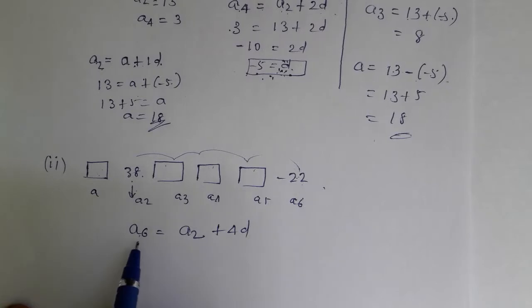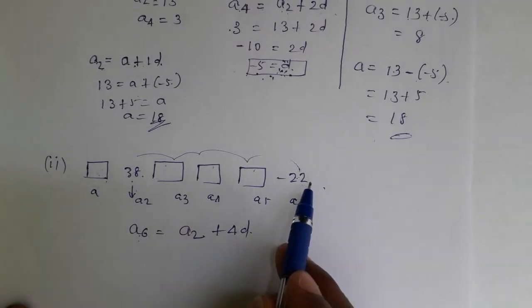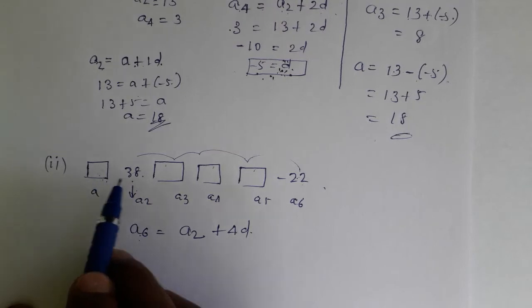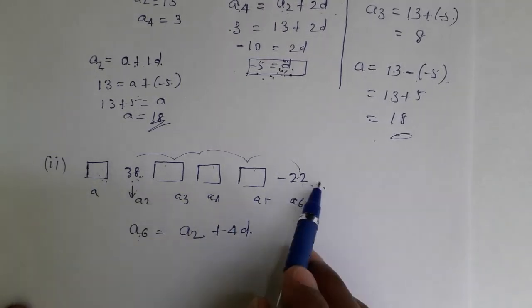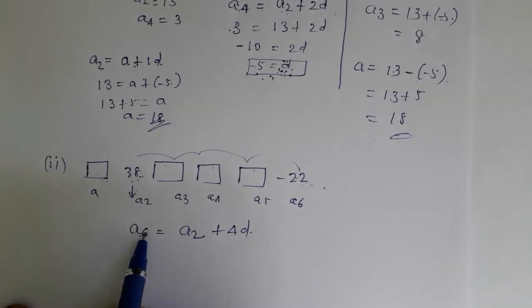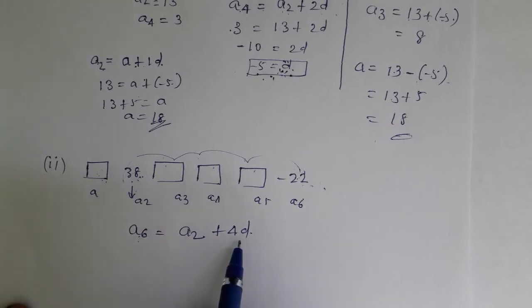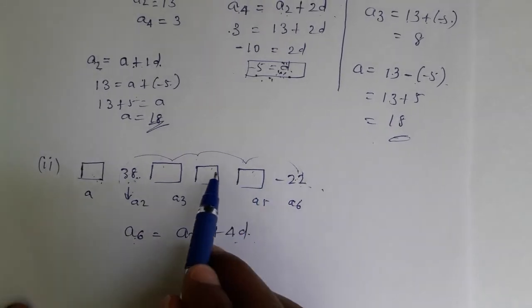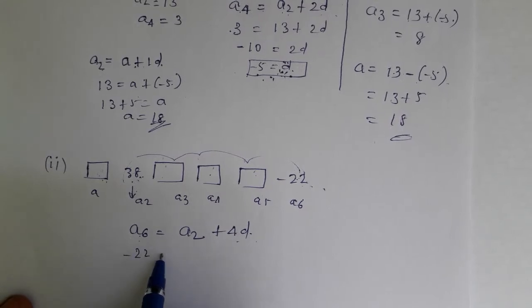Actually the sixth term takes 5 jumps to go to the first position, but the first position is unknown, no? So what I am doing, I am connecting second and sixth. Try to understand, second and sixth. The sixth term goes to the second term by taking 4 jumps. Sixth term is how much? Minus 22.